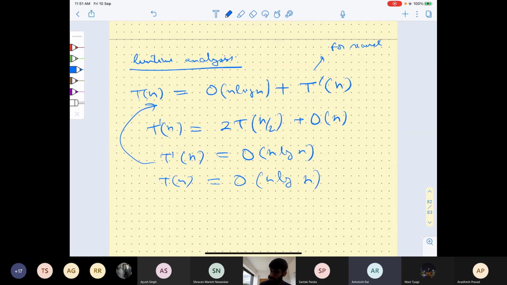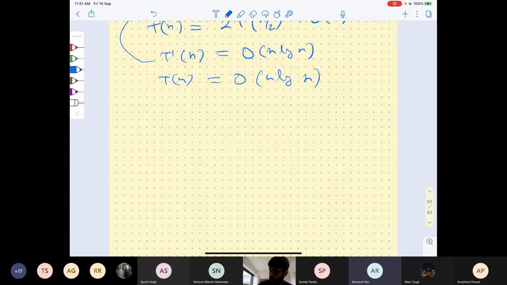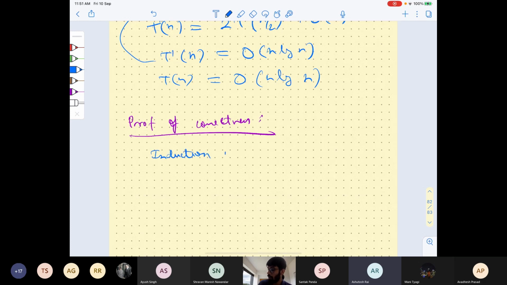Okay, so this is not that hard to do. And just quickly, again, a formal proof of correctness. The proof of correctness will be by induction on the size of P. If the size of P is less than or equal to 3, the base case is handled explicitly in order 1 time.